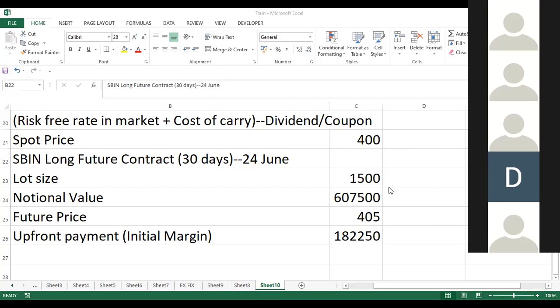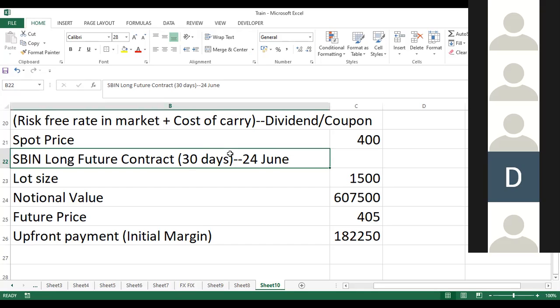However, from the US point of view, the settlement always takes place on the third Friday of the month, so that would be the 18th. From the Indian point of view, the settlement of the future would happen every last Thursday, on a monthly basis. So 24th is the last Thursday when the settlement will take place.